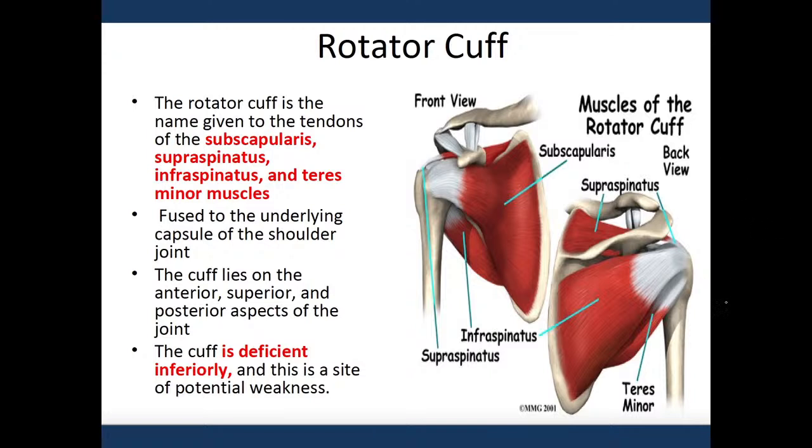So these three muscles with the subscapularis muscle we call the rotator cuff, they rotate the shoulder in internal direction or in external. Subscapularis rotates internally, but supraspinatus, infraspinatus, and teres minor rotate the shoulder externally.